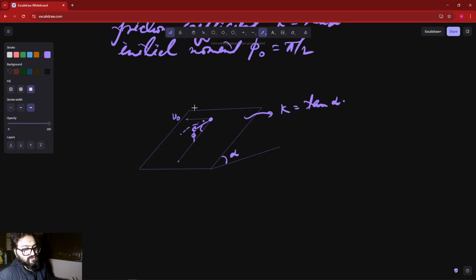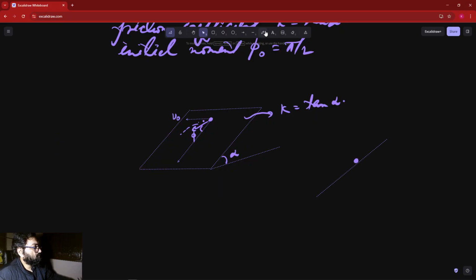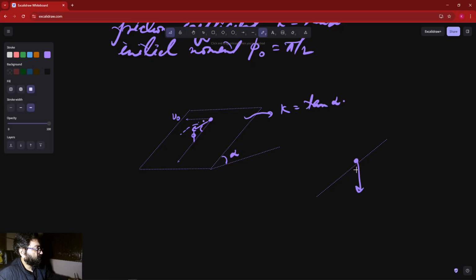There are a few things which I'll have to observe in this problem. If I look at this disk, there is weight acting downwards, a component of which is being balanced by the normal force, which is acting on this disk because of the inclined plane. So if I draw the disk from the lateral view, it would look something like this, right? It has weight acting downwards.